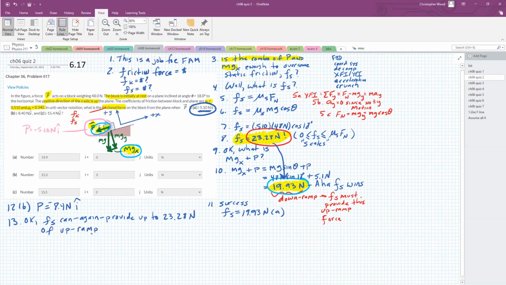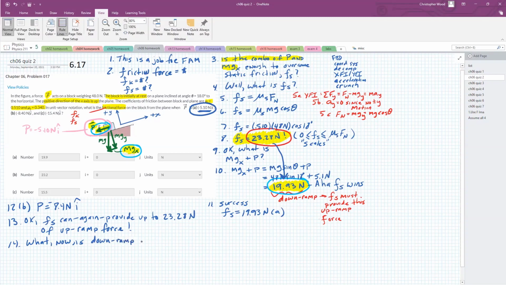That's the max. That is what the static friction force can scale to provide of up ramp force. Okay. What's the down ramp force? What now is the down ramp force?